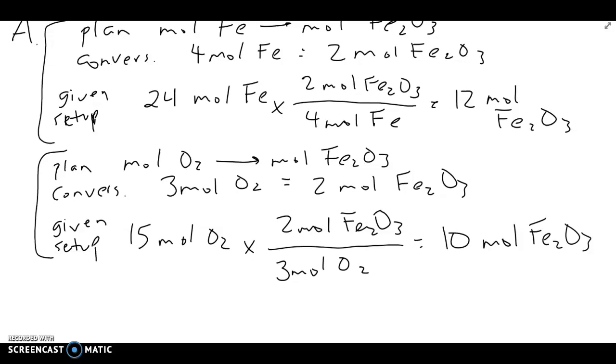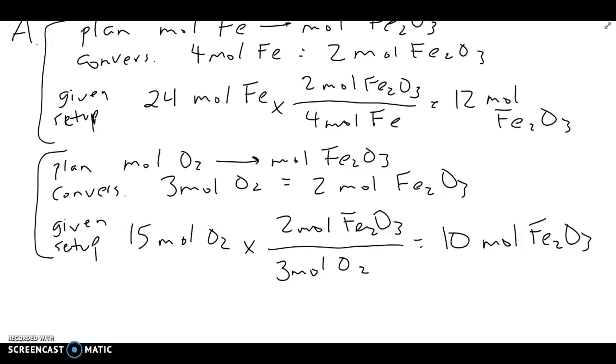What we want to look at here is the smaller of the two product numbers. If we use up all of our oxygen, we are going to produce a smaller amount of product because we're going to use it all up. We can't make as much as we can using all of the iron because we just don't have enough oxygen.